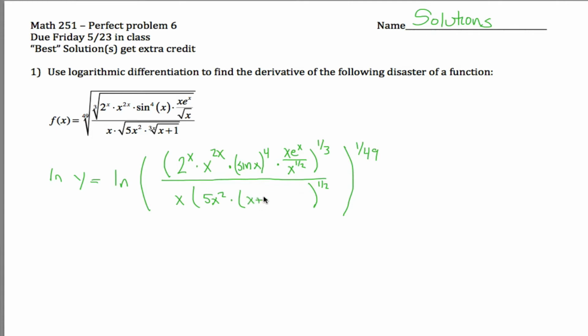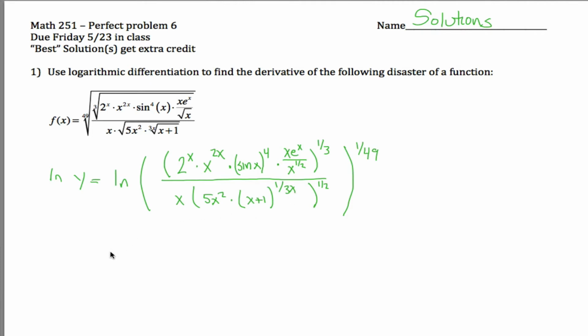In other words, x plus 1 raised up to some power. Turns out that power is 1 divided by 3x. Where that comes from is kind of the same idea. The reason the 49th root is equivalent to raising something to the 1/49th power is the same reason that taking the 3x root of something is the same as raising it up to the 1/3x power.